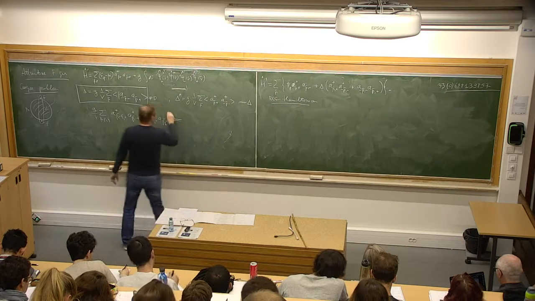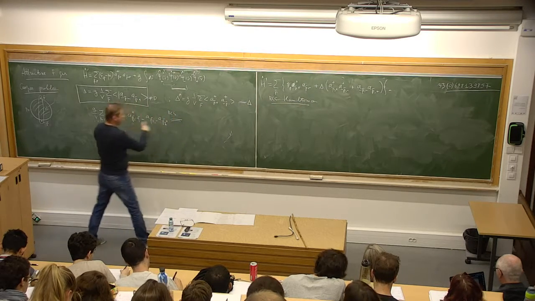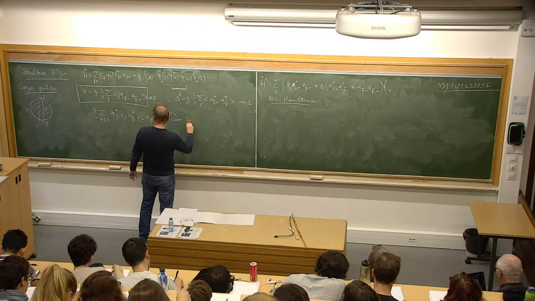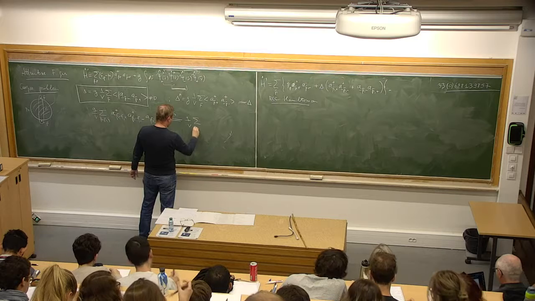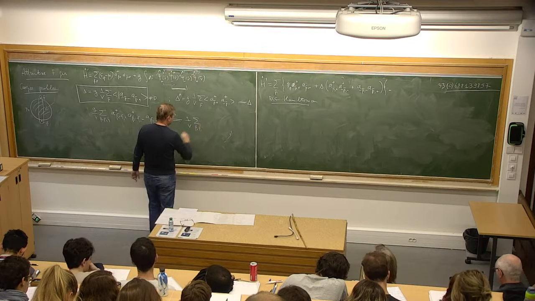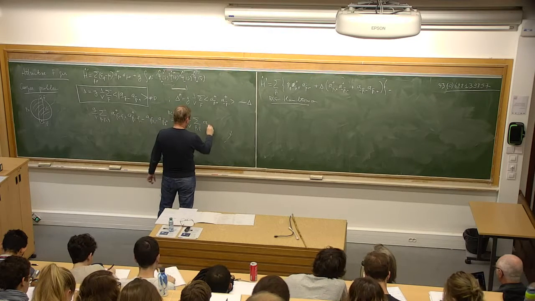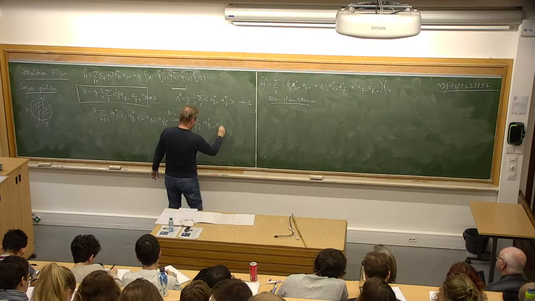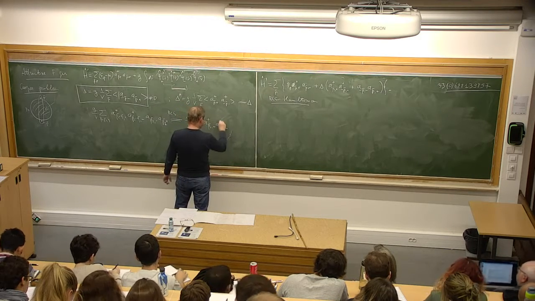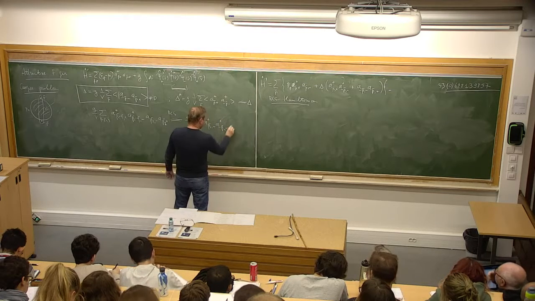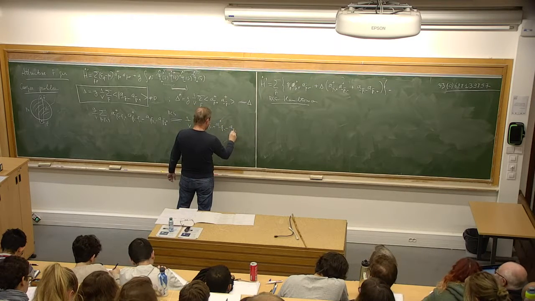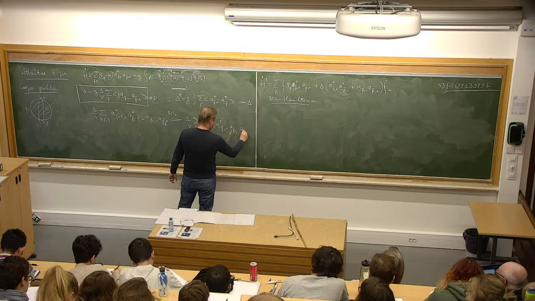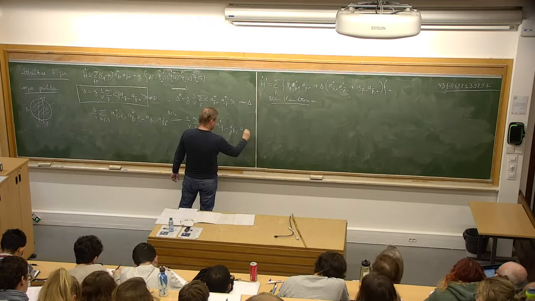So in the BCS Hamiltonian, you replace this by G over V, sum over P1 and P2, A P2 plus dagger A minus P2 minus dagger, A P1 minus, A P1 plus.